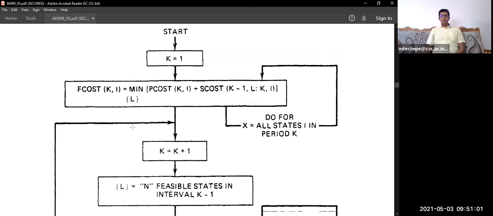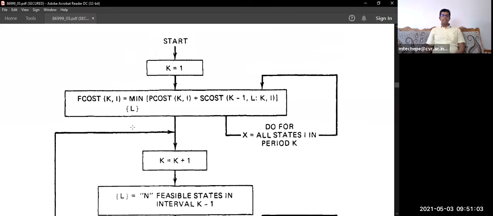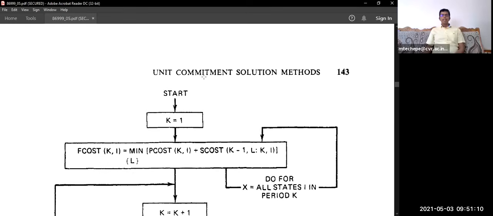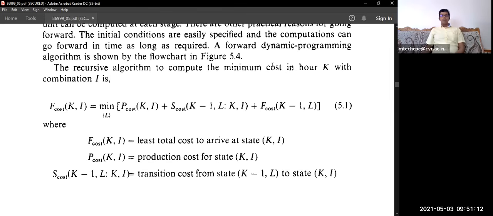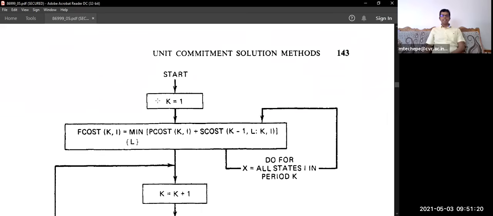Coming to the flow chart, first we start the algorithm. We take k equal to 1, that is, the first hour, where we compute the minimum cost in each hour.